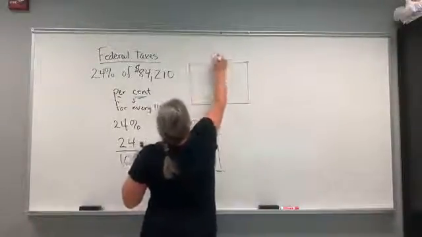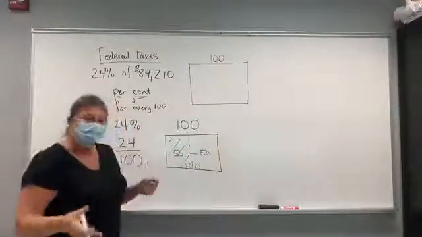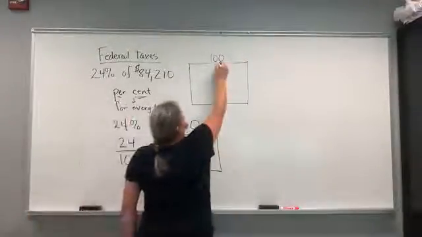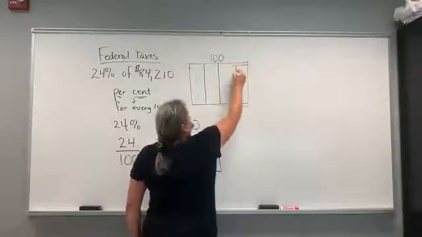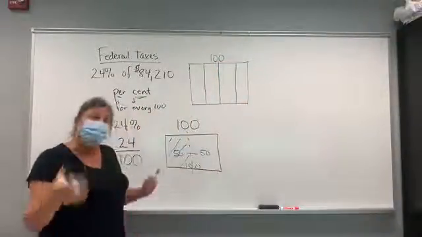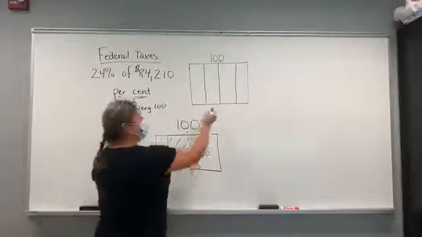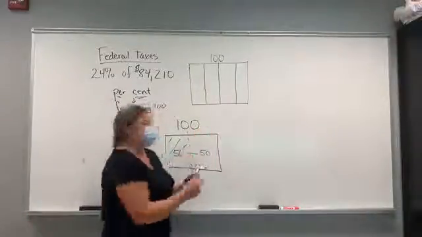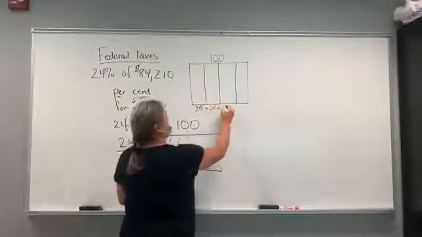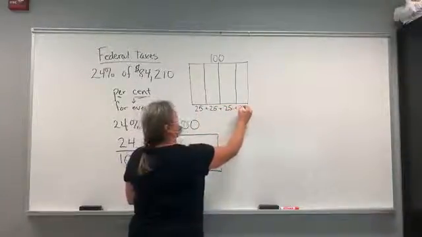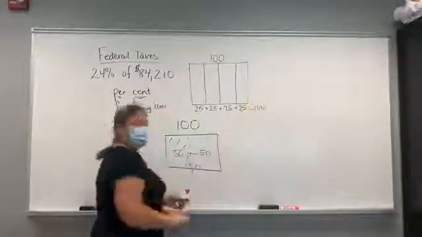Again, if we think about this as all 100, and we wanted to split it into 4 pieces, what would each of those 4 pieces be? 25 and 25 and 25 and 25, that means 100.